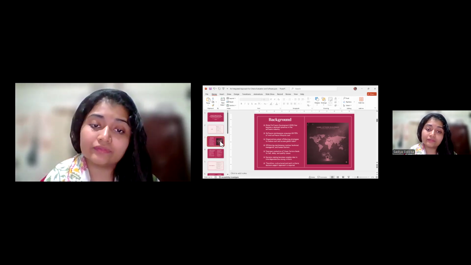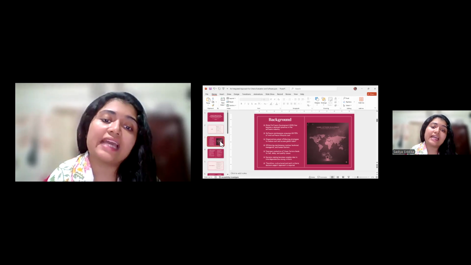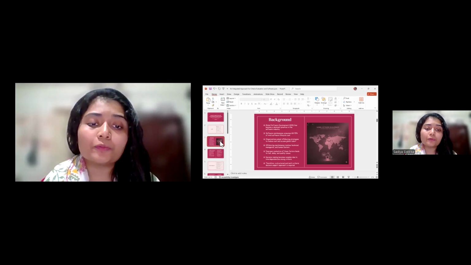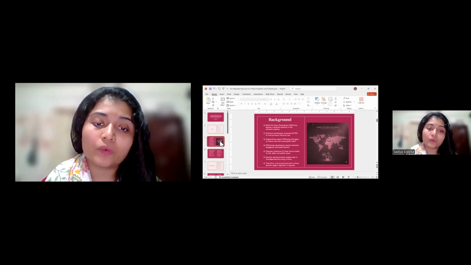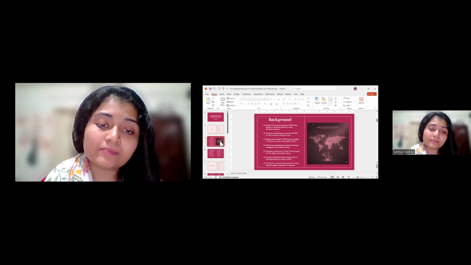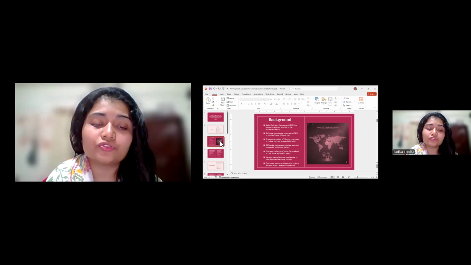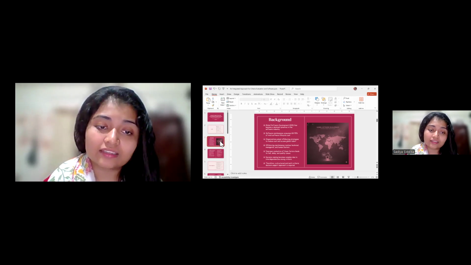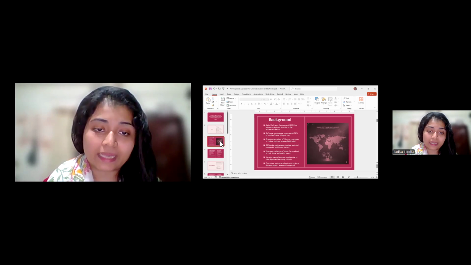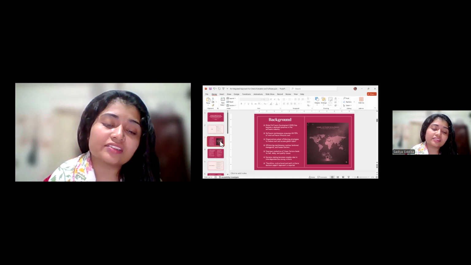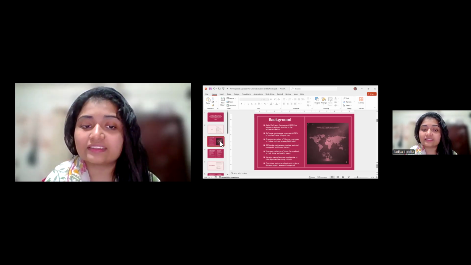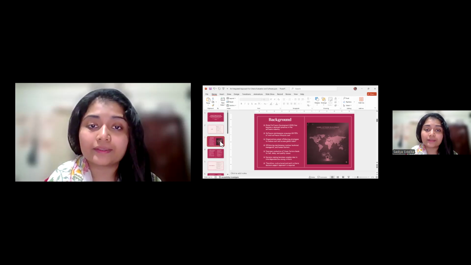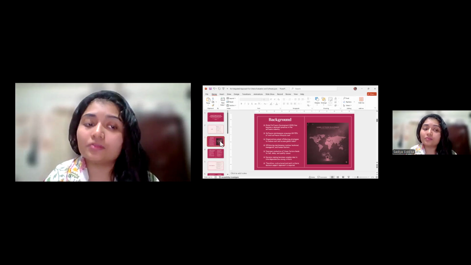Offshoring maintenance involves technical, managerial, and human factors. Improper evaluation of these factors leads to risk, delay, and quality issues. Decision making becomes complex due to interdependencies among criteria. Therefore, a structured and multi-criteria decision support approach is required. So this is all about the background.